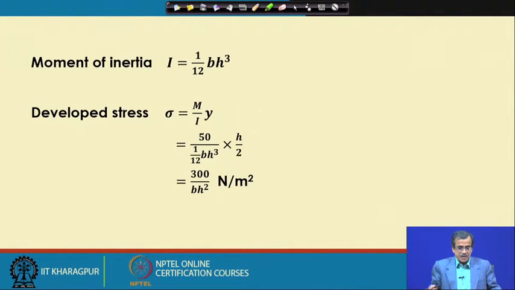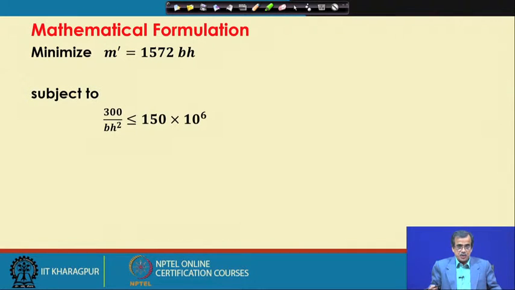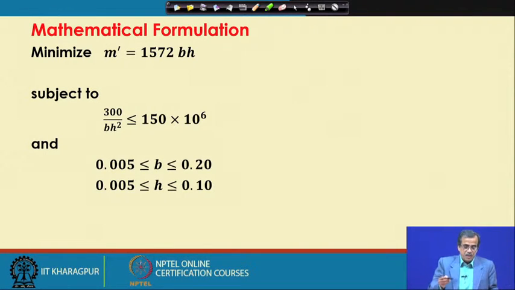Before I go for that, let me show you the mathematical formulation of this problem. Here our aim is to minimize the mass or the weight of the cutting tool.